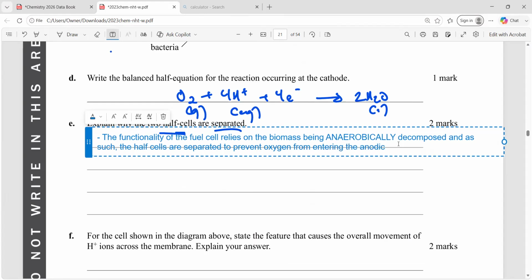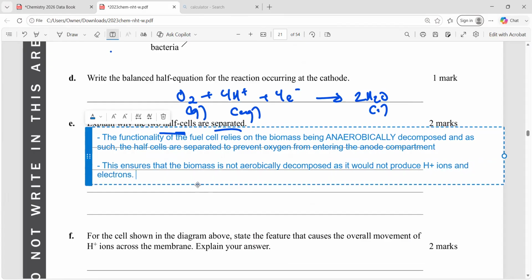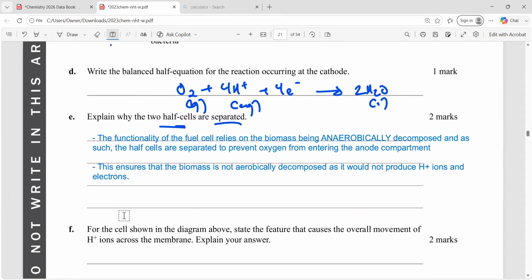This ensures that the biomass is not aerobically decomposed, as it would not produce H plus ions and electrons. Now, you could also go down, but I feel like that's probably your best shot. Yeah, that's probably your best answer in this situation.